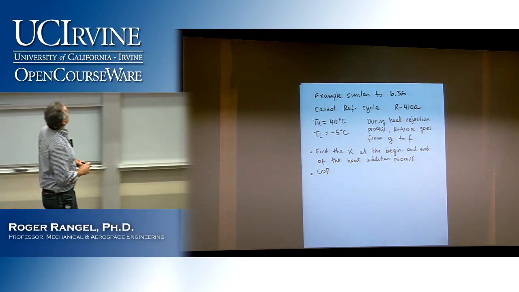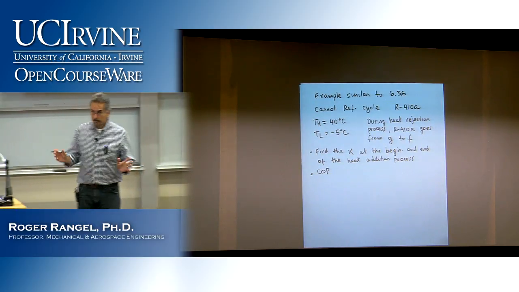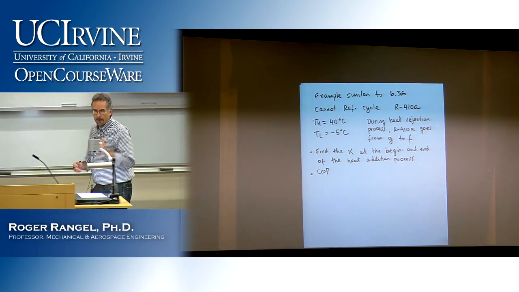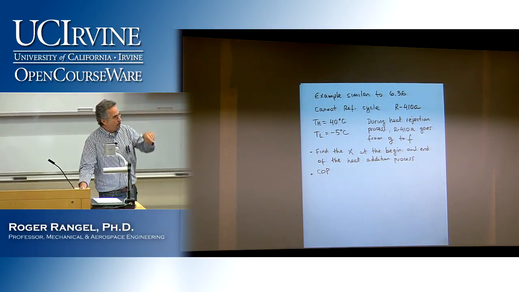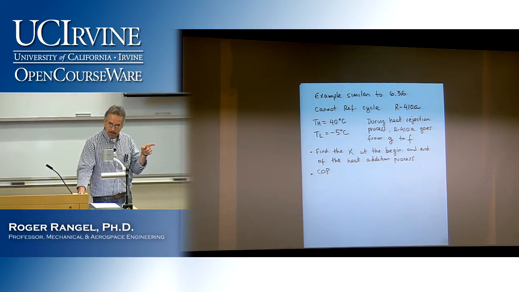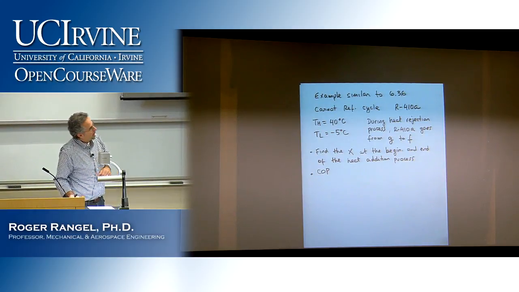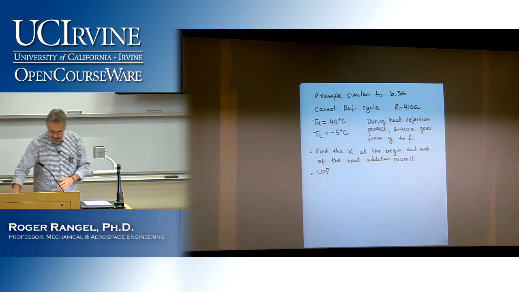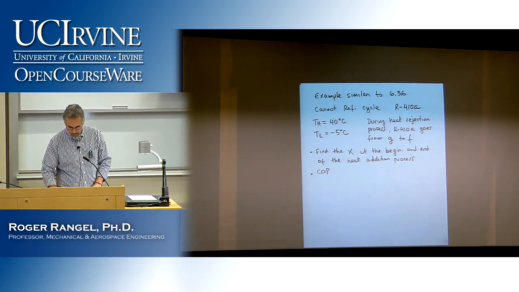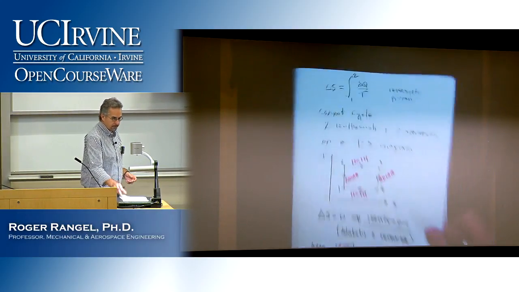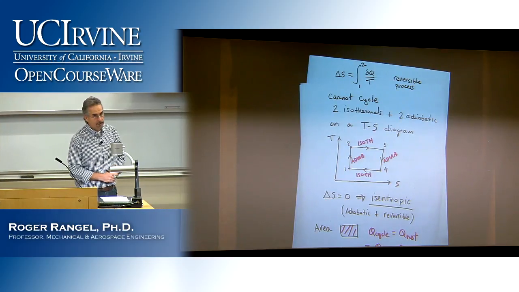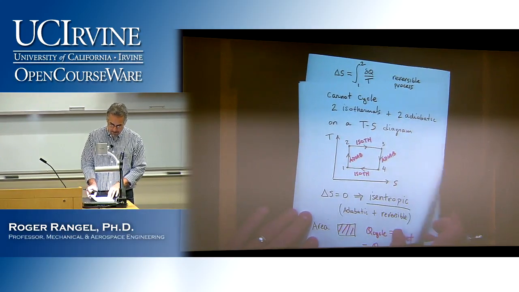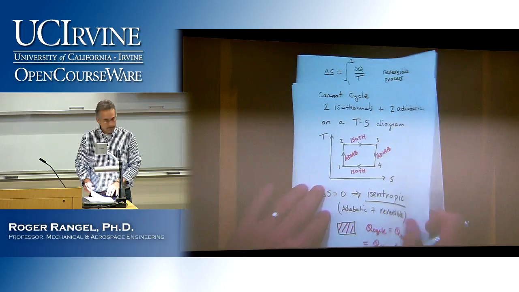Okay, so it's a Carnot refrigeration cycle to begin with. So remember, a Carnot cycle running forward is a heat engine, running backward is a refrigeration cycle. So that means that it looks exactly like the one we just drew. We don't have to go very far. It has to look like that. For example, if I put it on a TS diagram, it's just that it's going to be running the other way.